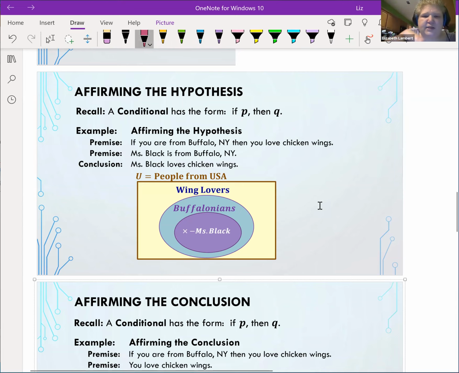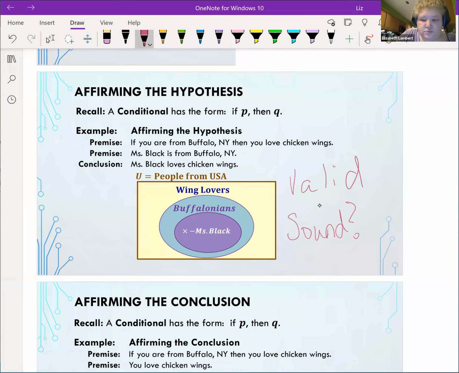Let me just write that. So, valid. If we assume the premises are true, then yes, the conclusion must follow. But is it sound? If you are from Buffalo, New York, then you love chicken wings. That may not be true.